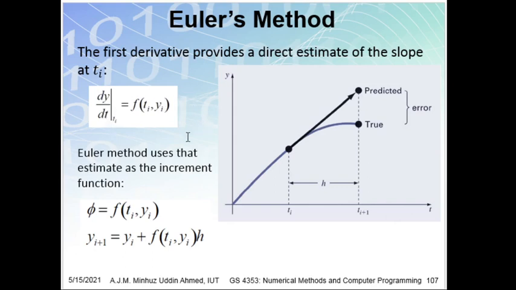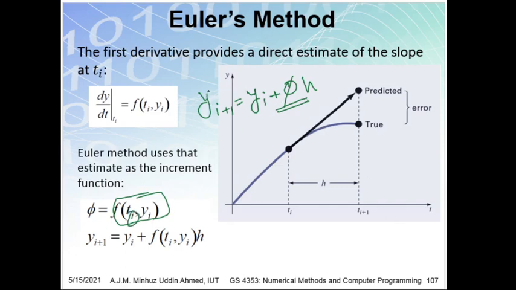The function will be given to us. Now the Euler method uses that estimate as the increment function. We have said that y_{i+1} equals y_i plus the increment function phi multiplied by h. And what will be this increment function? In the Euler method, the increment function will be the slope at the point i.